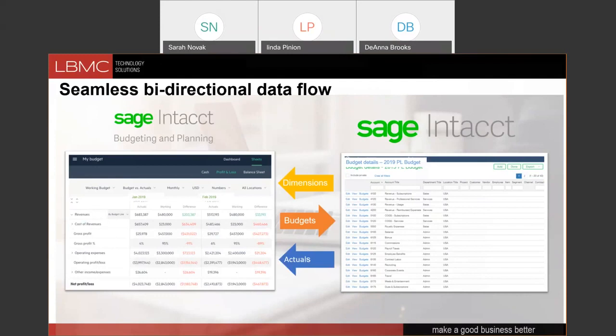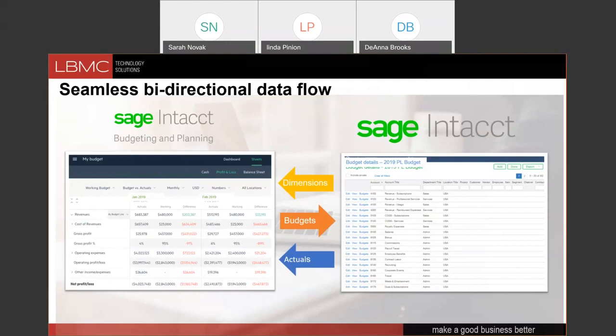To get started, all you really need to do is to import your dimensions and your actuals to Sage Intacct Budgeting and Planning. And then you're able to create budgets, run those budget versus actual reports, do those what-if analyses, and maybe build out some different models and create forecasts. Then you have the power to export your budgets back to Sage Intacct. It's really just that simple.